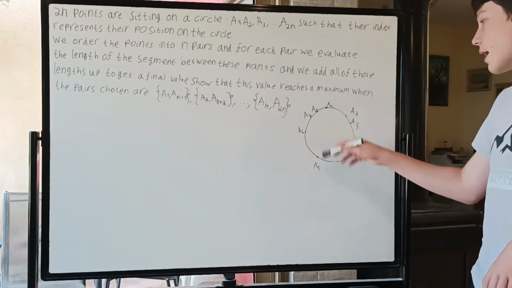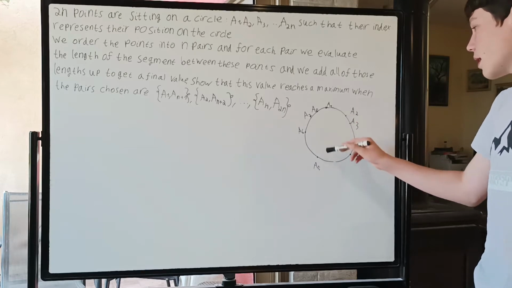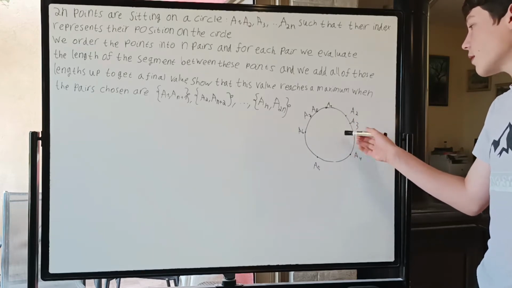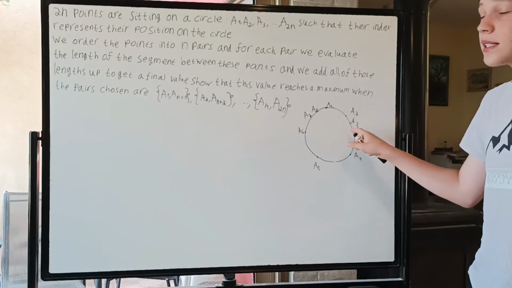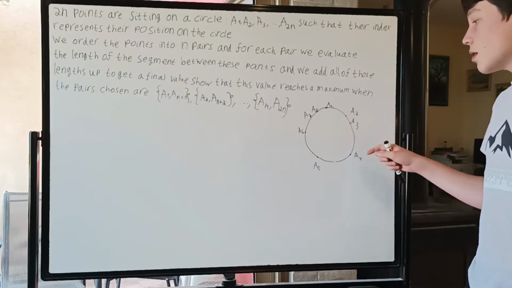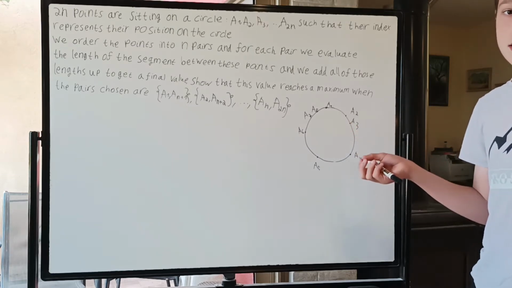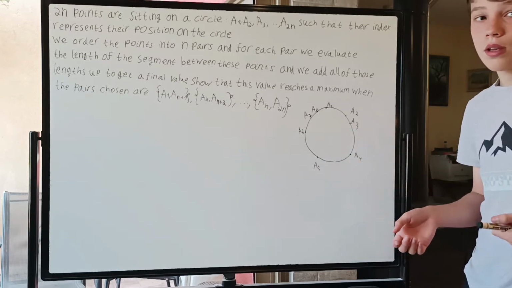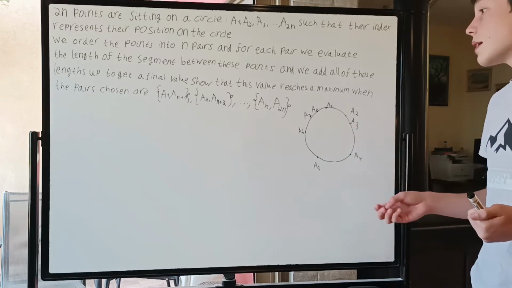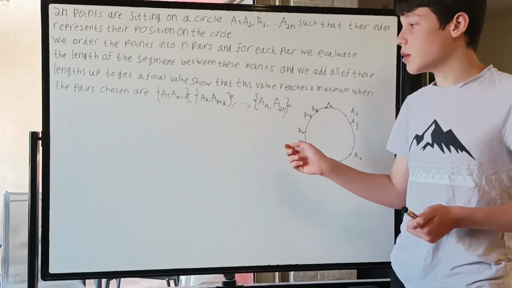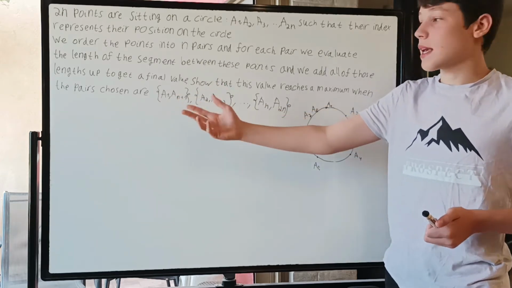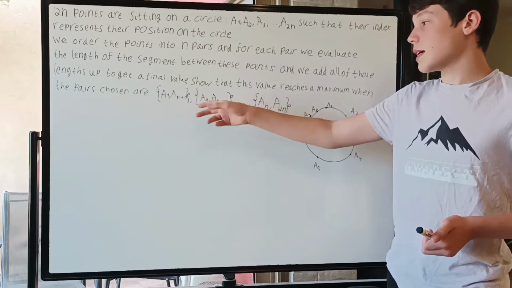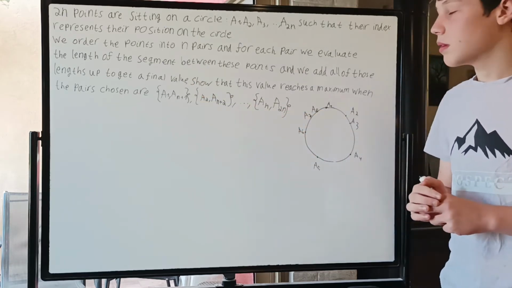Like here, if we take A1A5, A2A6, A4A7, then A3A8 is this small segment. Supposedly it would have been much better to take, say, A3A6 or A3A5. But what we're going to show is that no, it always reaches the maximum when you take the point opposite to A1, the point opposite to A2, and so on.